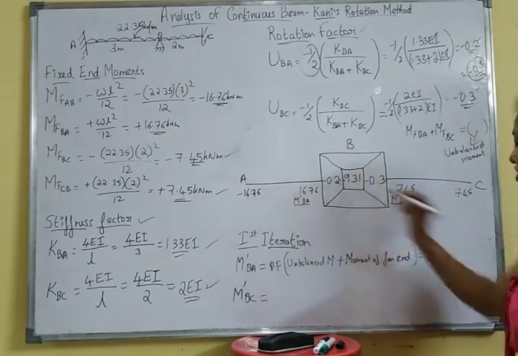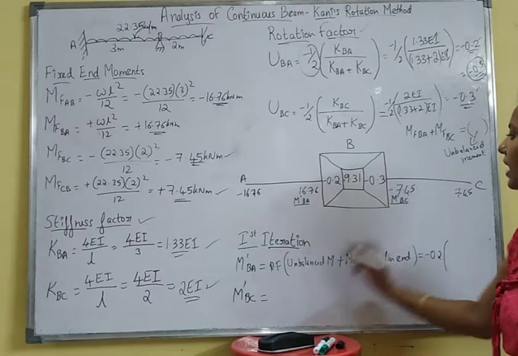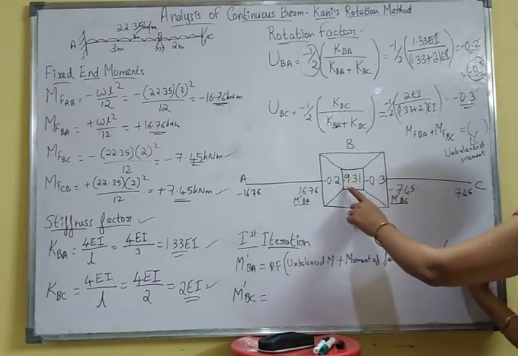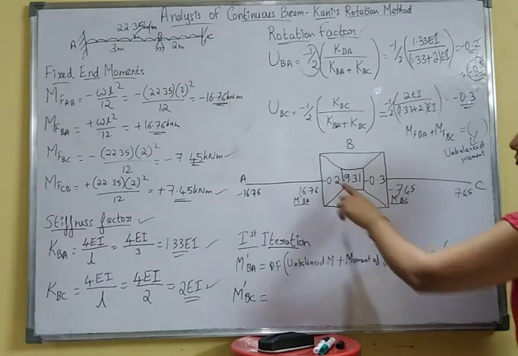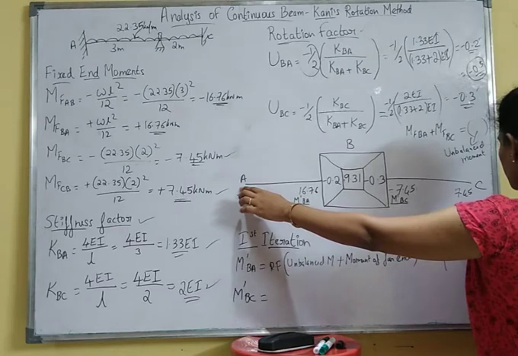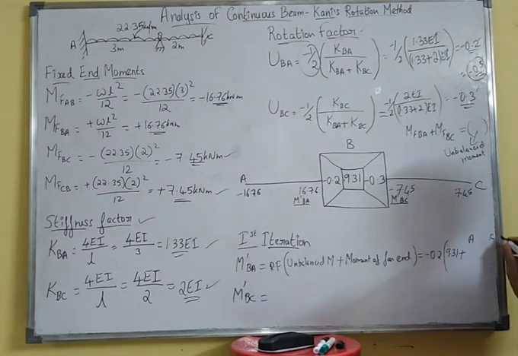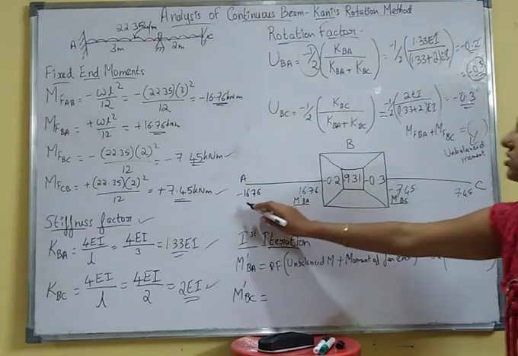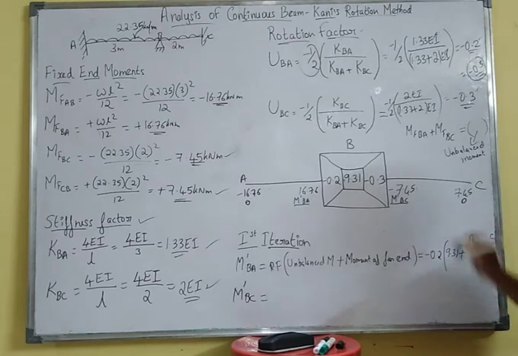BA rotation factor is minus 0.2 and unbalanced moment is 9.31 plus far end. For the far end member, the joint is A, and on this side you have C. Based on that, there is no moment, that is 0 initially.